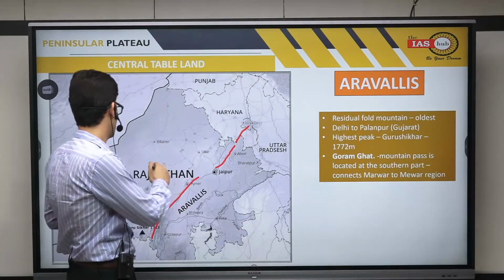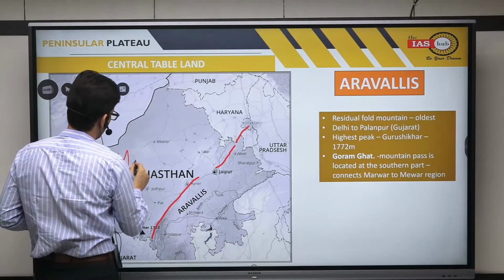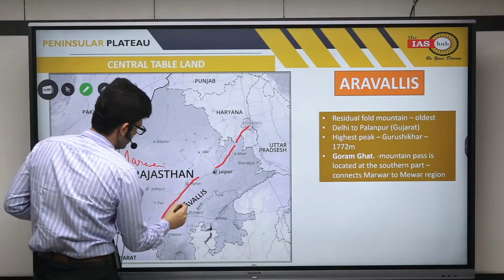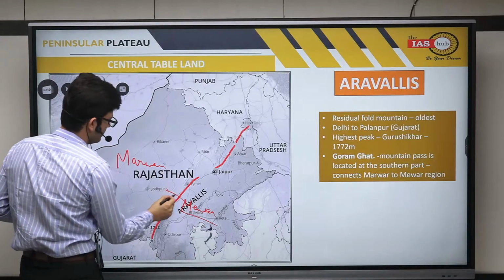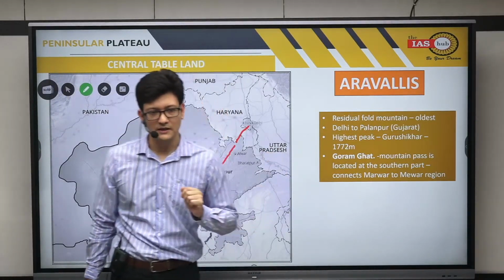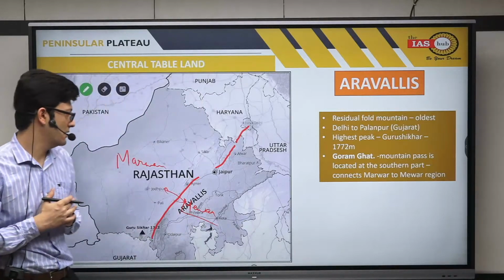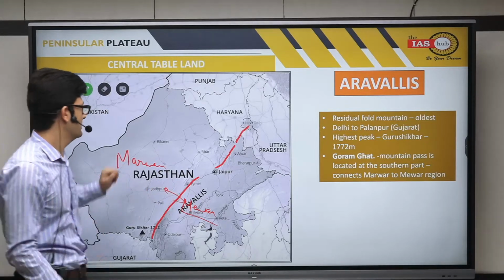So if somebody wants to go from Marwar to Mewar, there is a pass, Goram Ghat. This is a mountain pass found in the Aravallis, which connects the Marwar region to the Mewar region.